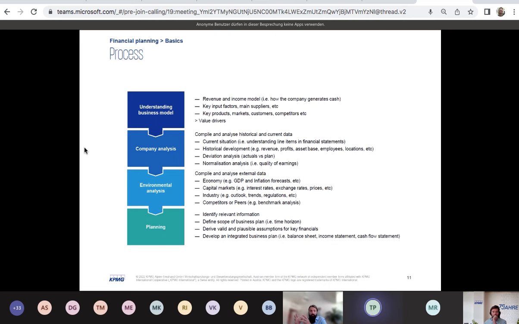So again, you start by looking at the income statement, you start by looking at the balance sheet. And of course, with the balance sheet, you want to understand what the main line items are about. Again, you won't go into detail in every single line item, but you focus on the really important line items.